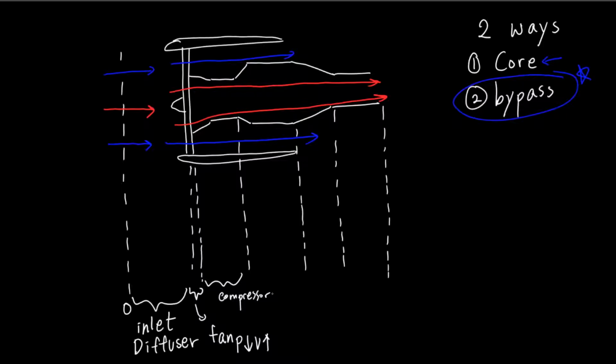So we will organize this at the end of the video. But for now, what we need to know is that the total pressure is increased and the total temperature is increased. If you know how to draw a TS diagram, I recommend you try to draw a TS diagram right now.